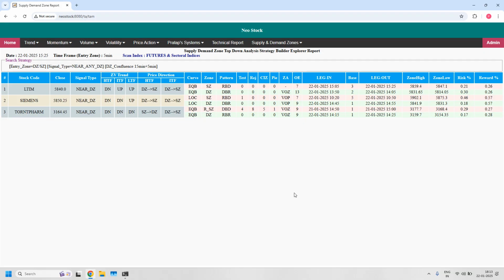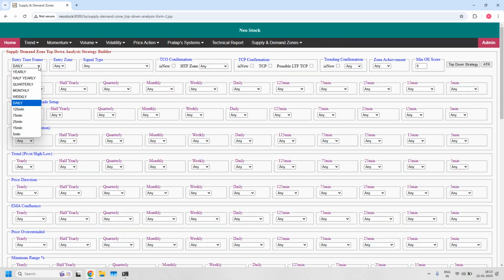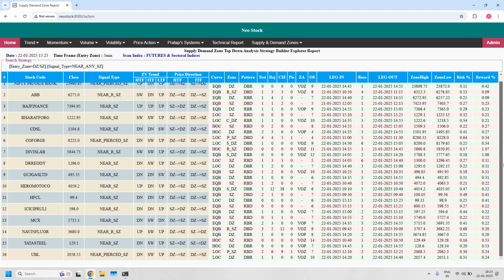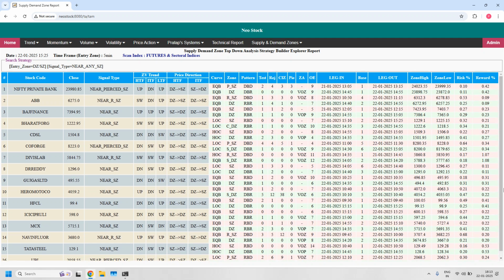Okay. Next, for 5 minutes time frame, stocks near 5 minutes supply zone, we got 16 stocks. First 15 stocks in the list. I am scrolling the list down.